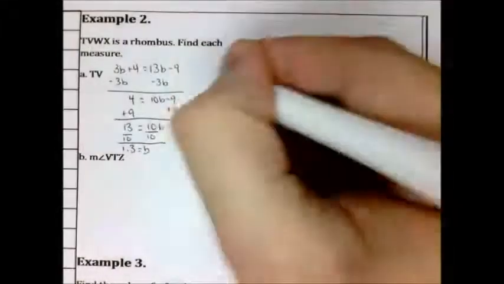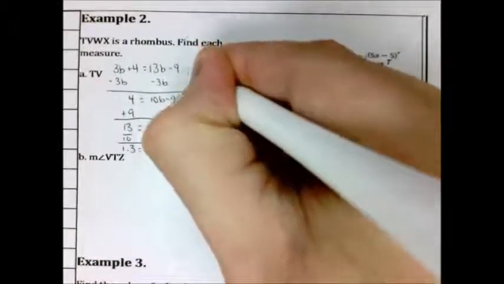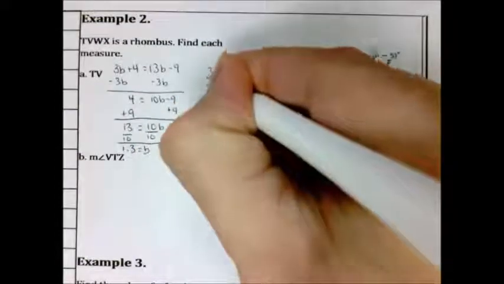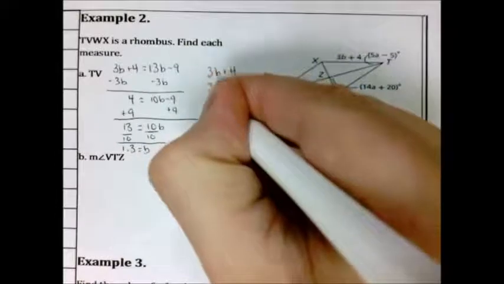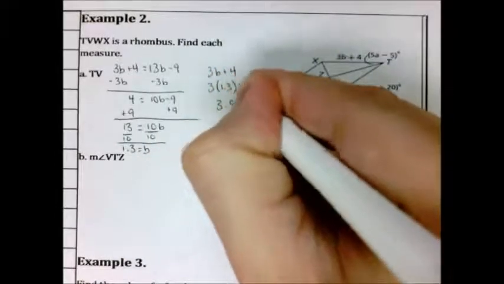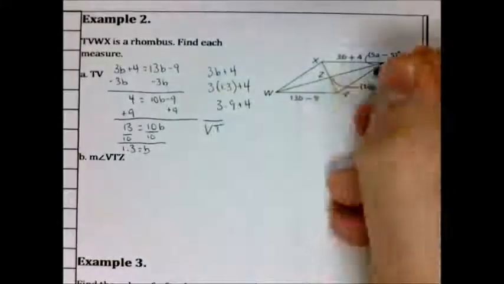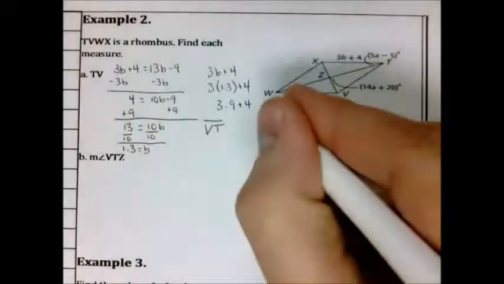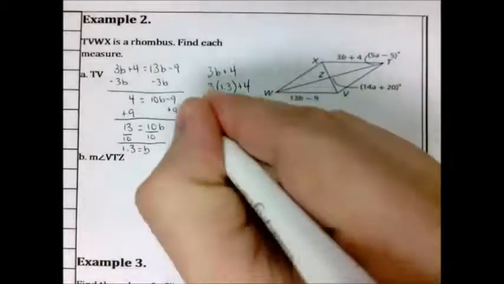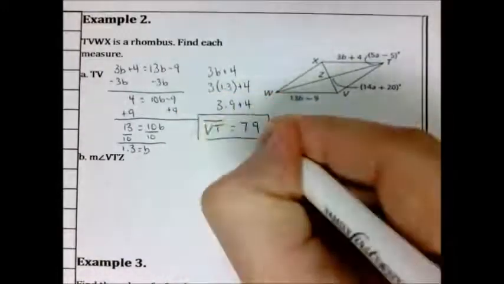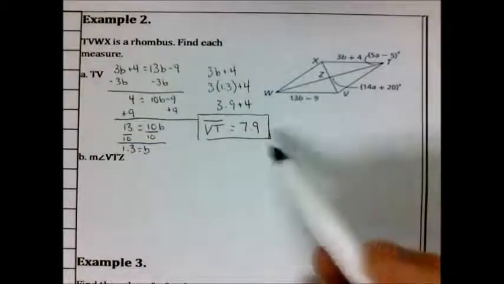So 3b plus 4, and instead of b, we're going to write 1.3. 3 times 1.3 is just 3.9, plus 4 would mean that VT and XT and XW and WV, all of those are going to be equal to 7.9. VT is the same as TV, right? Okay, so that's going to be 7.9.